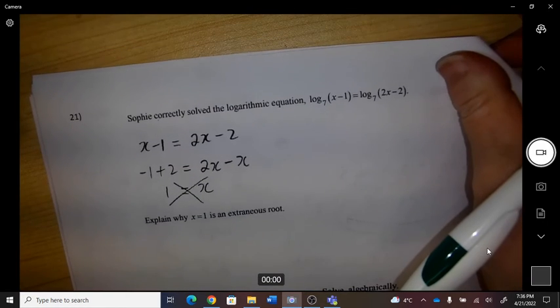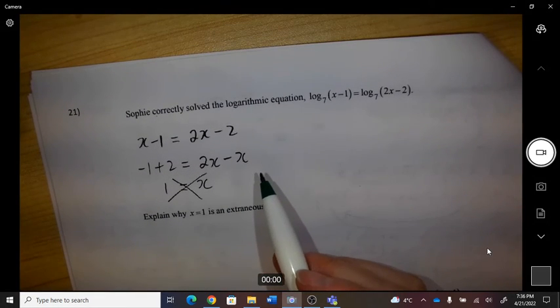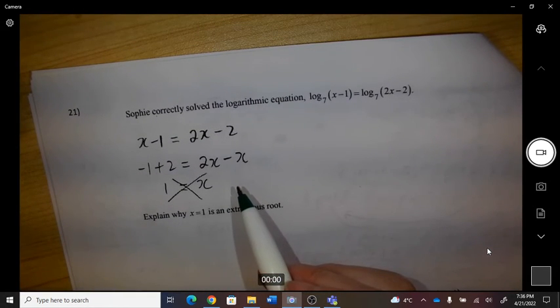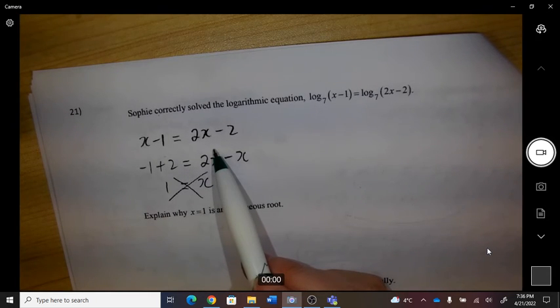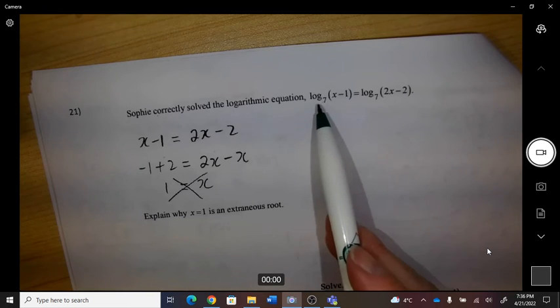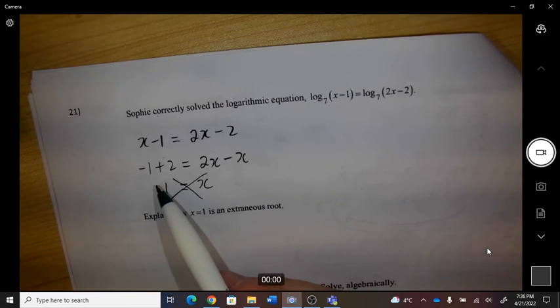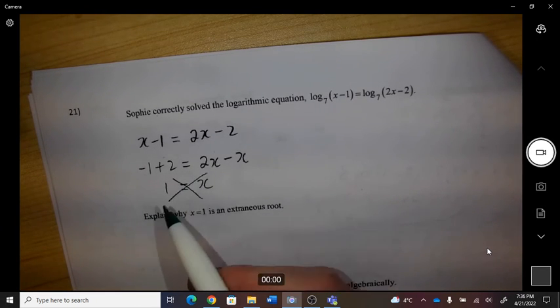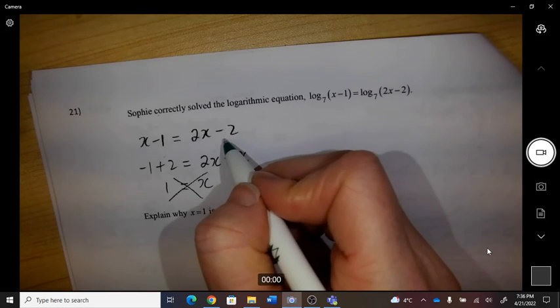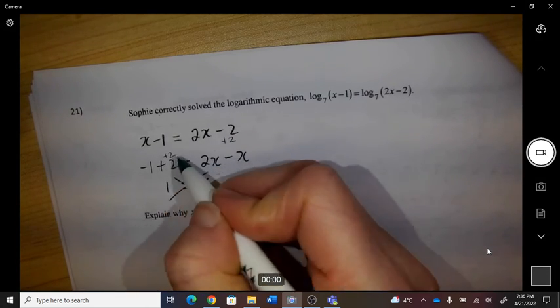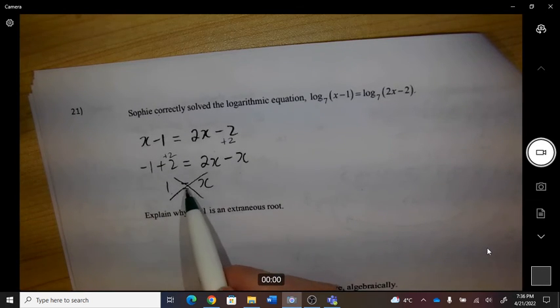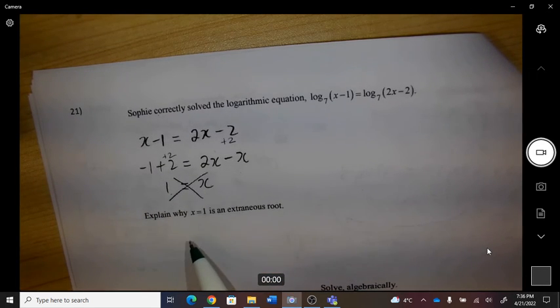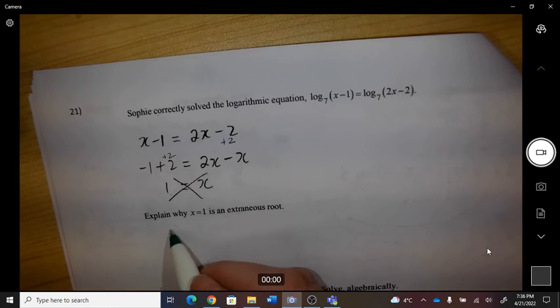Number 21, somebody was trying to solve this, and then they did that equal to that, which makes sense because both log 7, and then they did add 2 to both sides, and then they subtracted 1, and then they got 1 equals x, and then they did that.